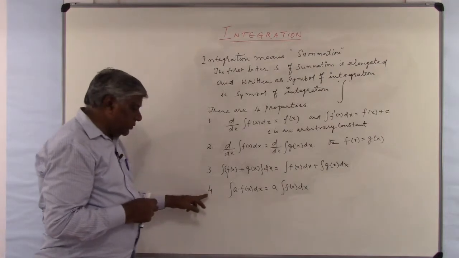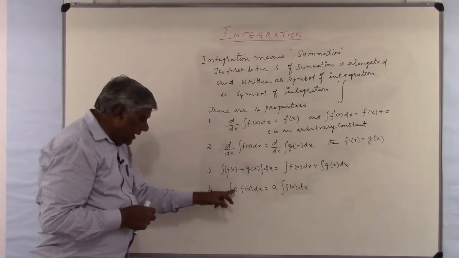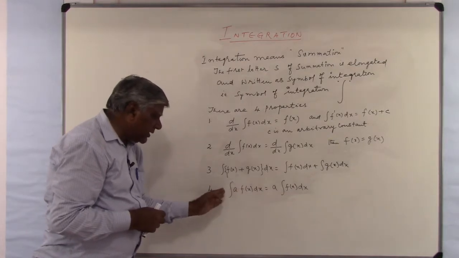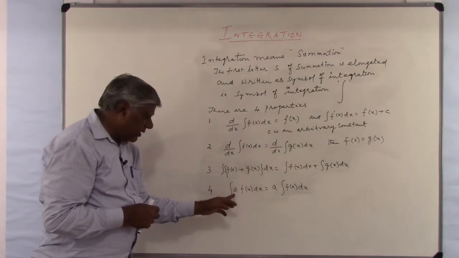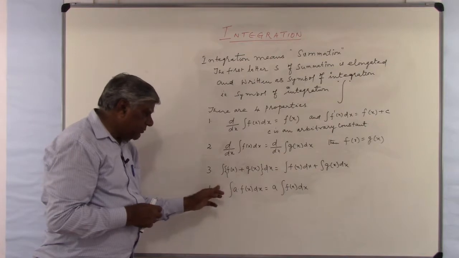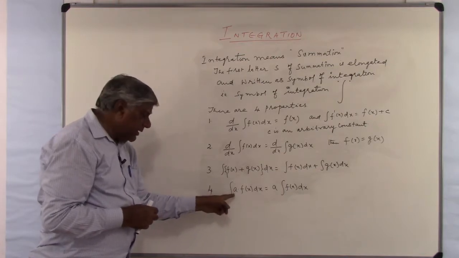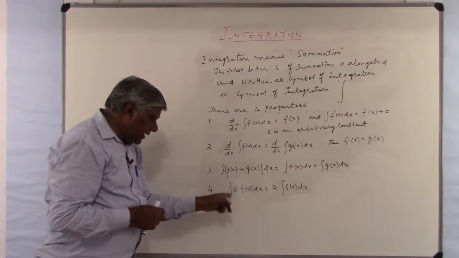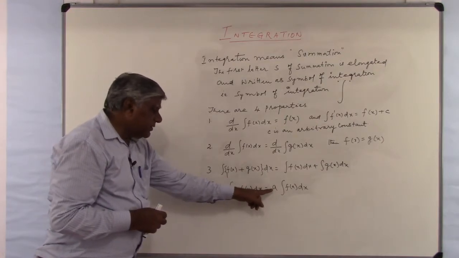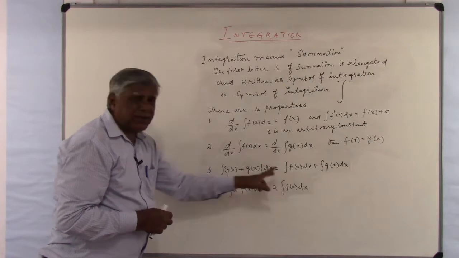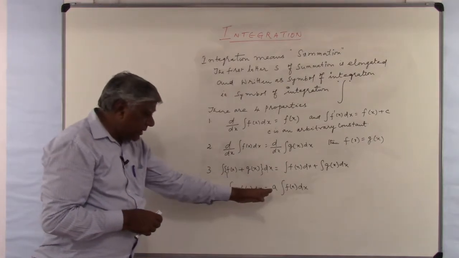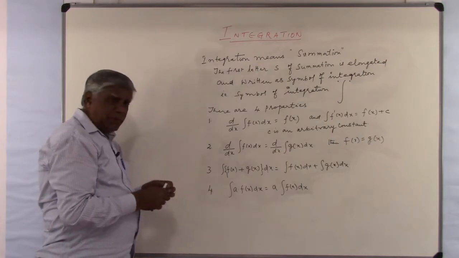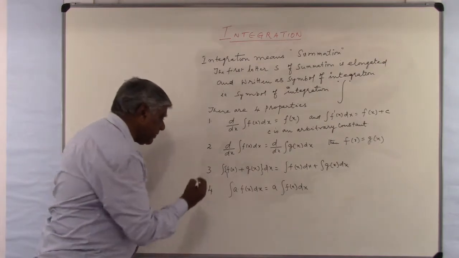Now, fourth property: integral a into f of x dx is equal to, you take out a outside because a is a constant. You cannot integrate a; this is a multiplying constant. So integral a into f of x dx is equal to a integral f of x dx. We are taking that multiplying constant outside. Similarly, another property we will add now, that is a very important property.